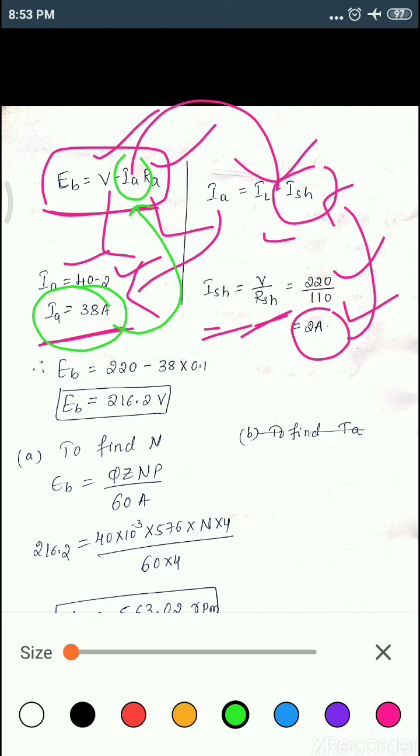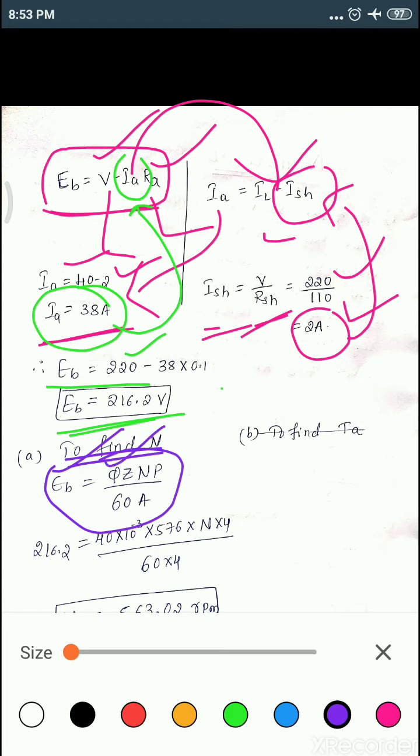Therefore EB will be equal to 220 minus 38 into 0.1. Substituting all the values, we have got 216.2 volts. Now we'll start finding each factor. N is equal to, use this formula. EB you have calculated, and phi, Z, P, and A they have given.